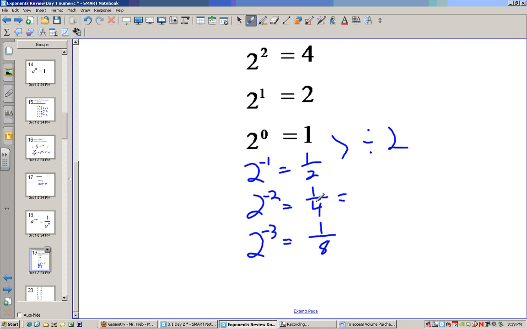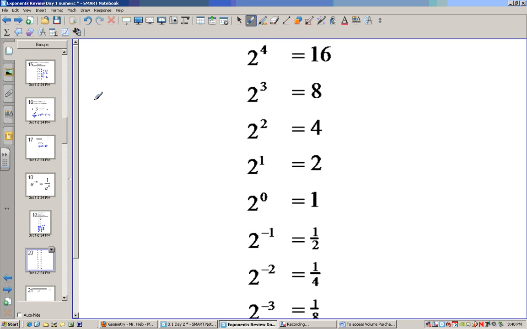And hopefully you can see 1/4 is 1 over 2 squared. This is 1 over 2 to the 3rd power. 2 to the negative 4 would be 1 over 2 to the 4th, or 1 over 16. And that pattern keeps continuing.